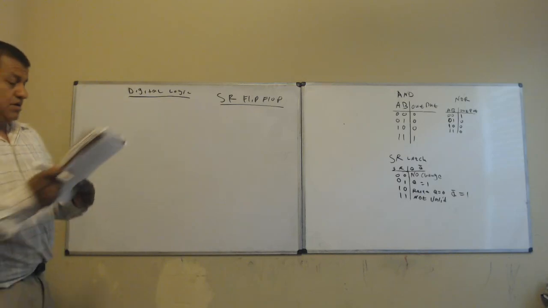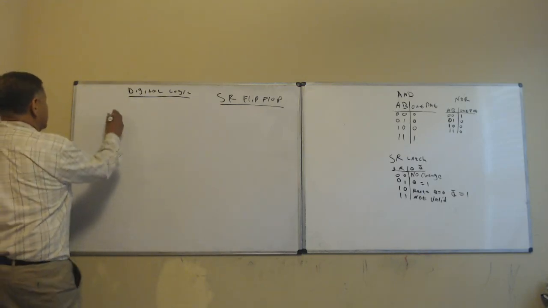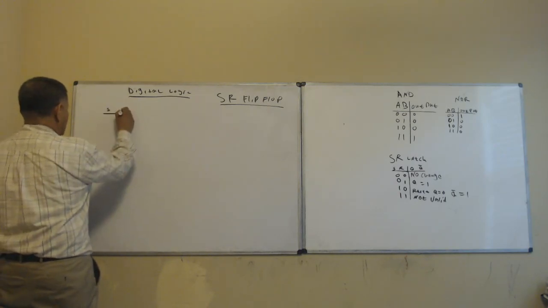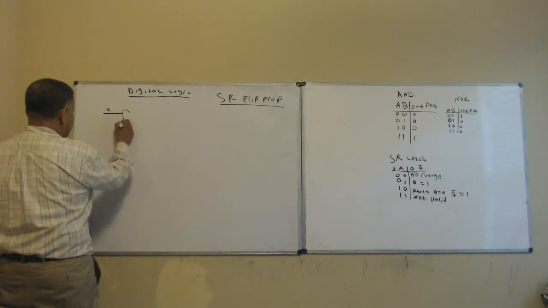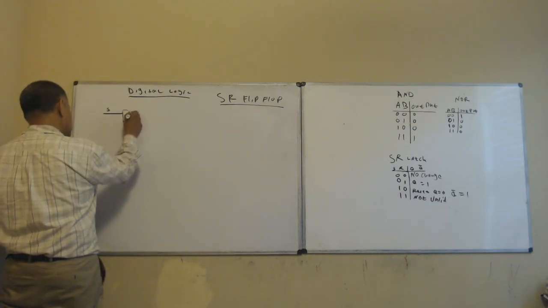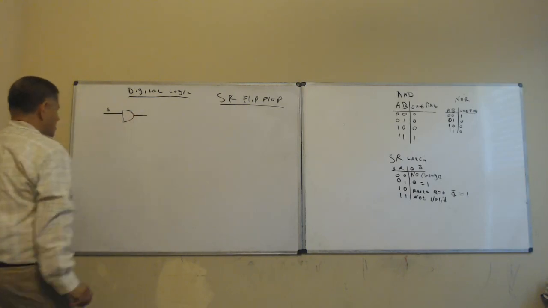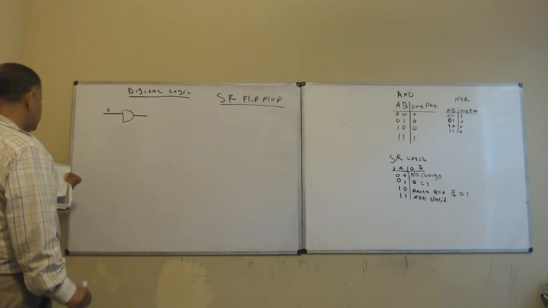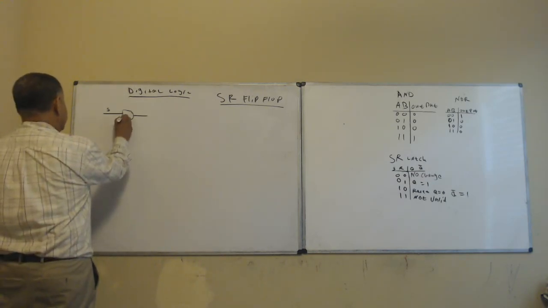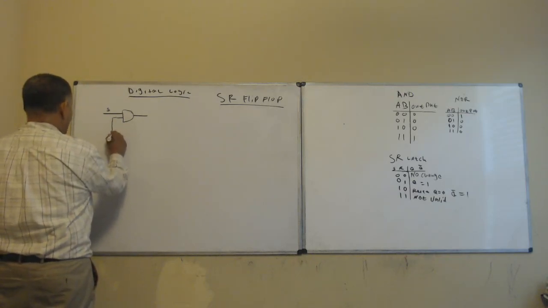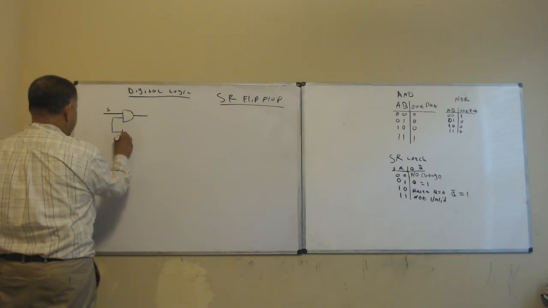So, okay, we start with an AND gate, and then we start with something like this, and with that, we add another AND gate.